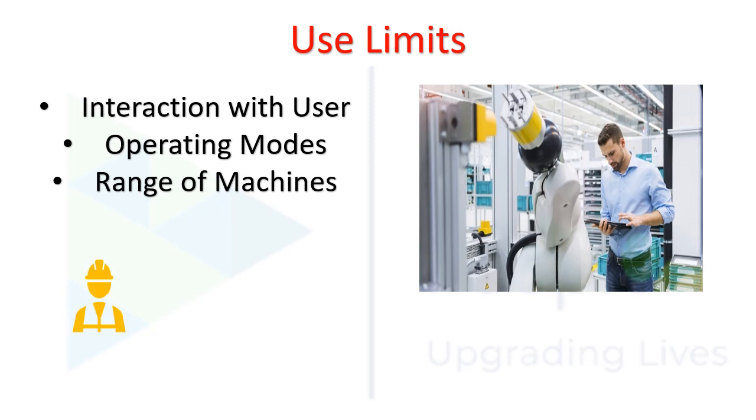Again, as this particular use limit is related to the user, or human performance, the standard also talks about the physical ability of the user. What are the trainings the user has, and whether he or she possesses any machine specific knowledge or not.